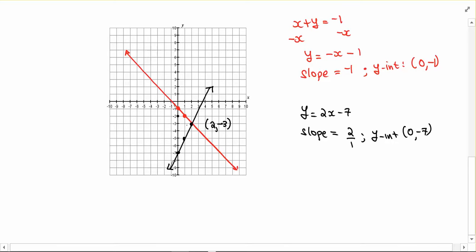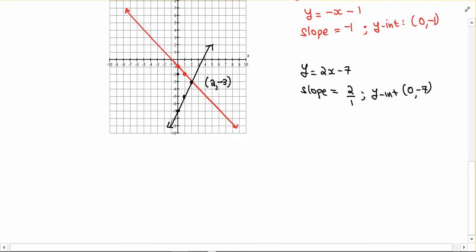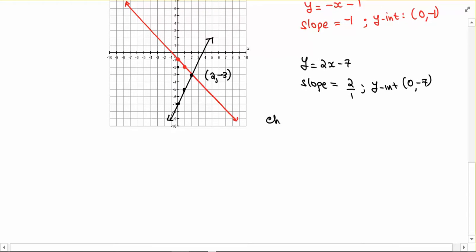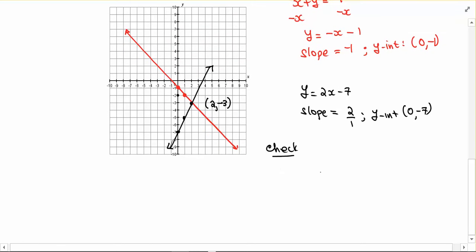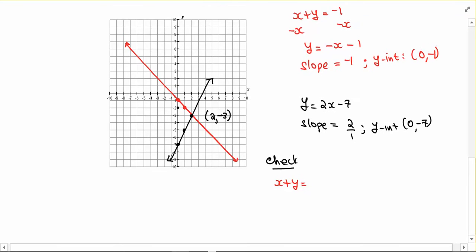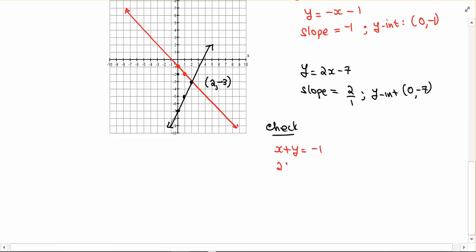2, negative 3. All right, we can check. So it appears that they cross at 2, negative 3. Does that work in both? So the first equation is x plus y equals negative 1. So I'll try 2, negative 3, 2 for x, negative 3 for y.